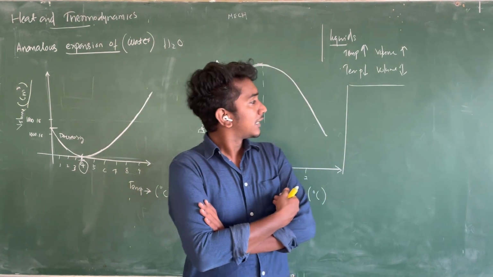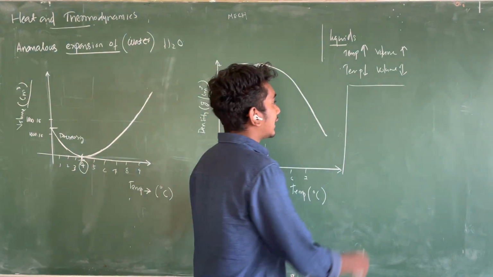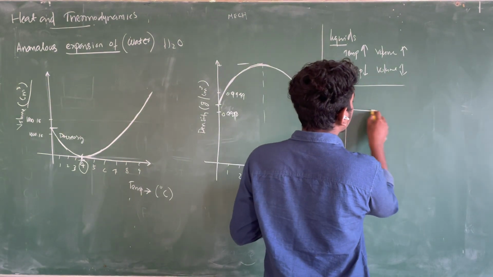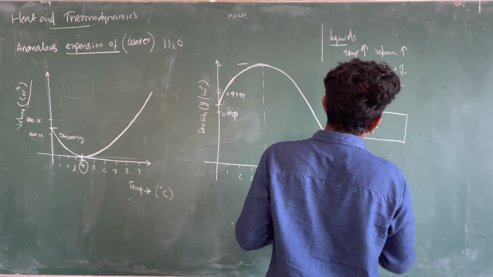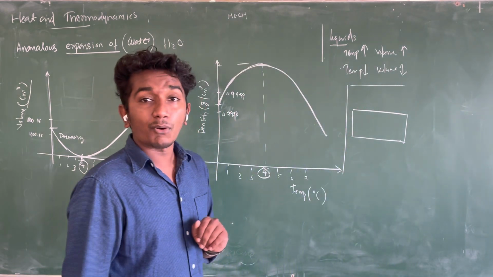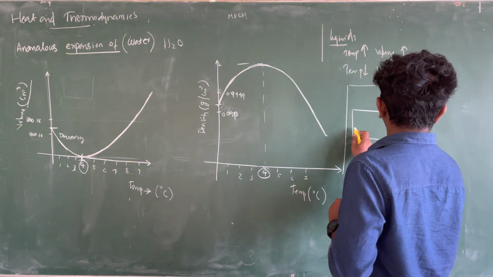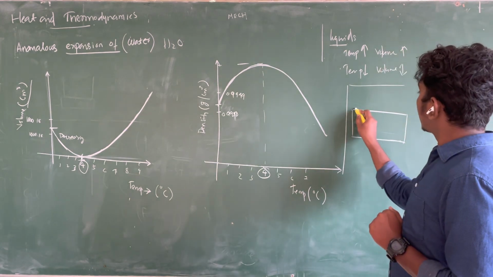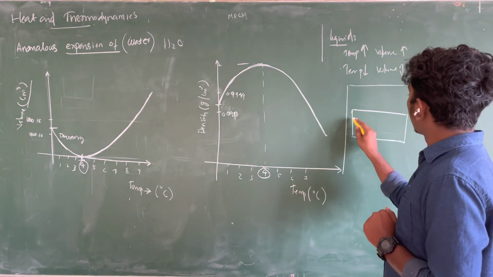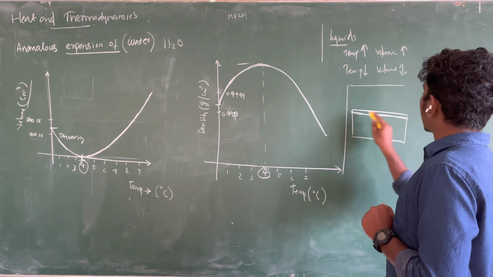So the thing is, look at this. What happens in the cold countries in the winter season? Suppose this is their lake or water bodies, like lakes, ponds. This is the water body. This is the bottom side of the water body. During the winter season, the surface of the water body will be at 0 degrees Celsius and all.